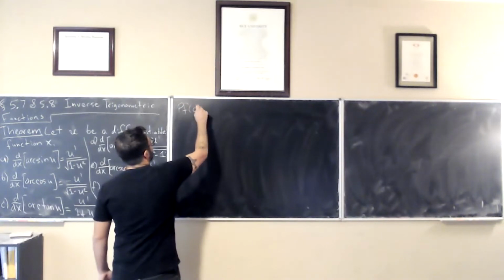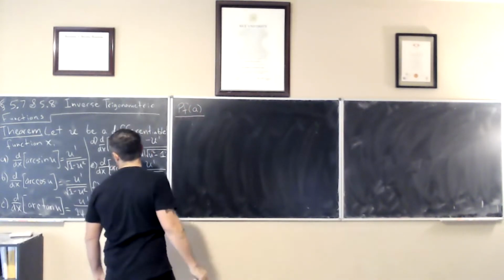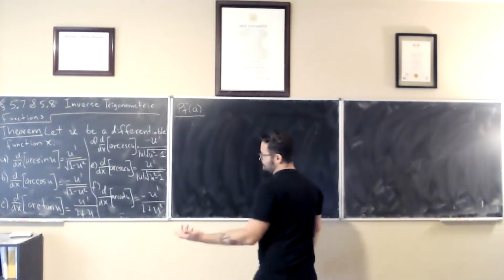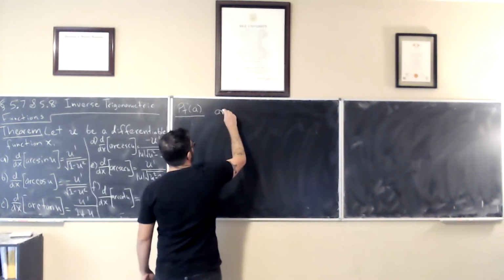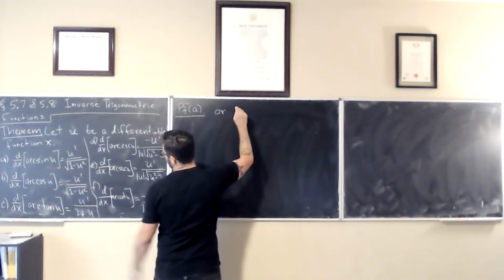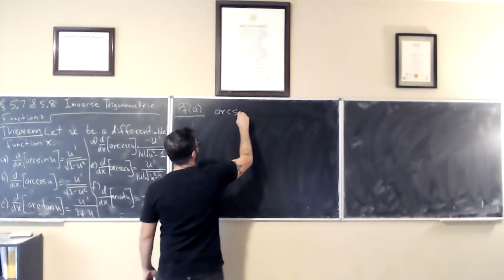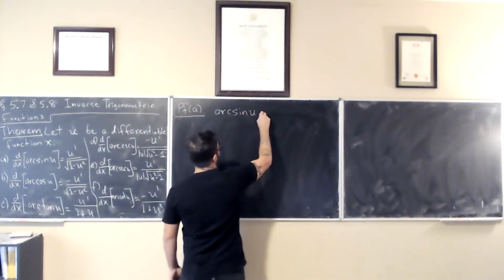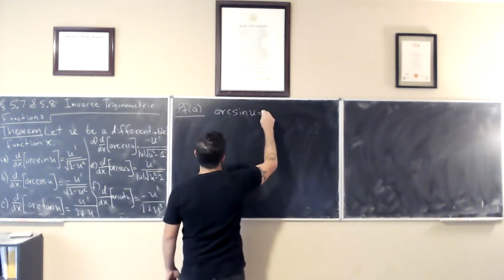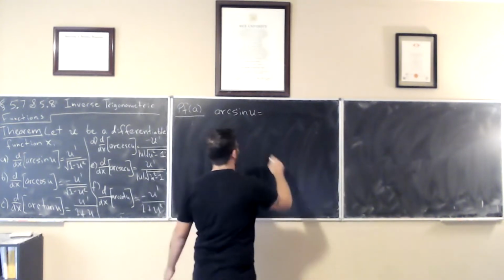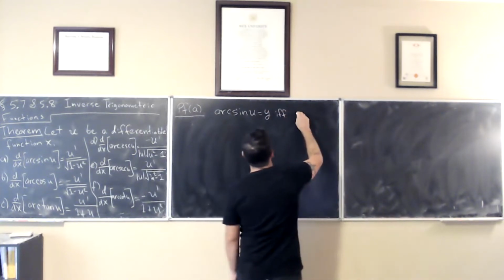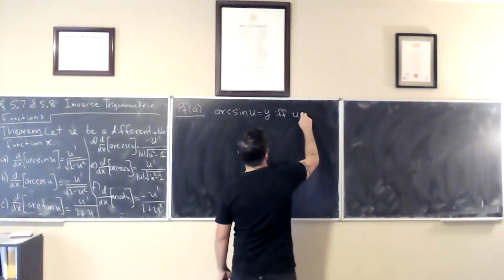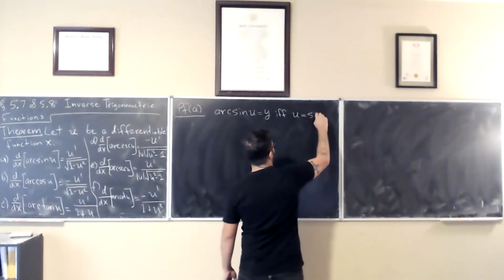So, proof of part A. We want to know the derivative of arc sine. So arc sine of u is equal to, say, y if and only if u is equal to sine y, right?